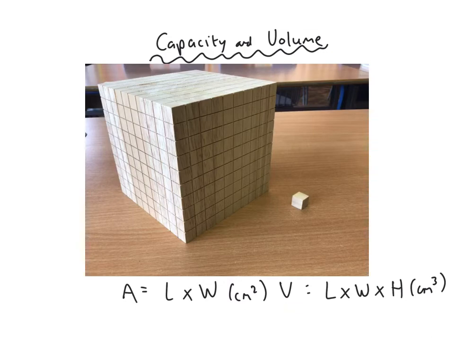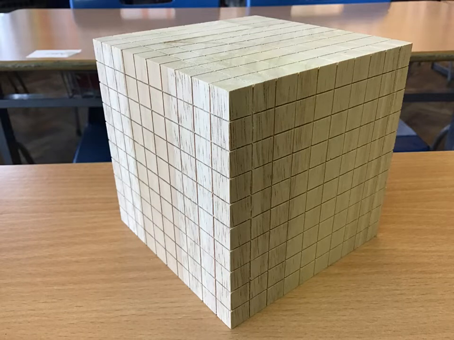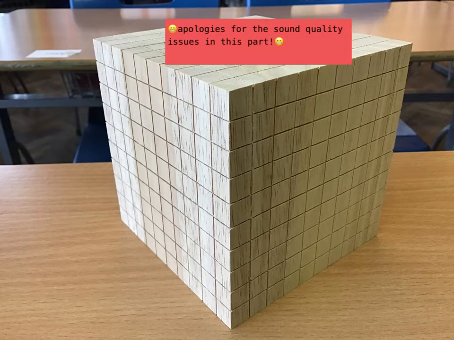Let's take this cube that we have here as an example. The length of this cube, and it doesn't really matter which part you count as length, but I'm going to count this side facing here, is 10 centimeters. The width, if you count it up carefully there, I can see it's also 10 centimeters.